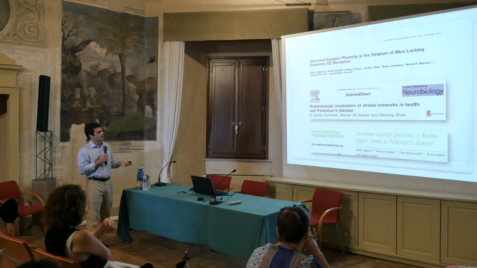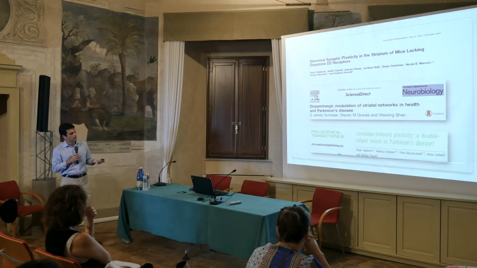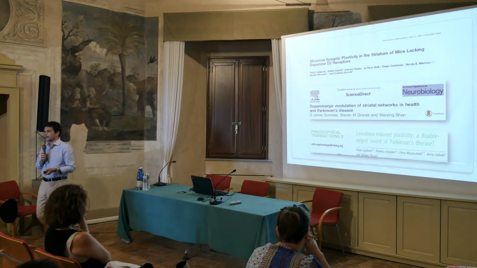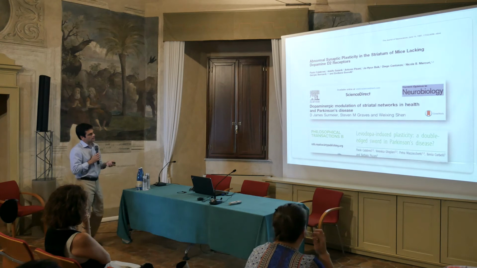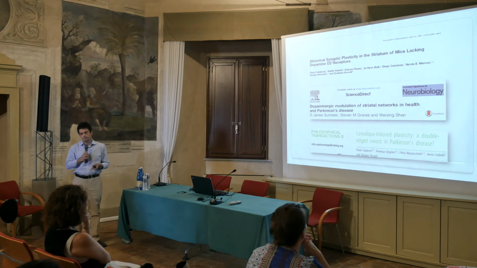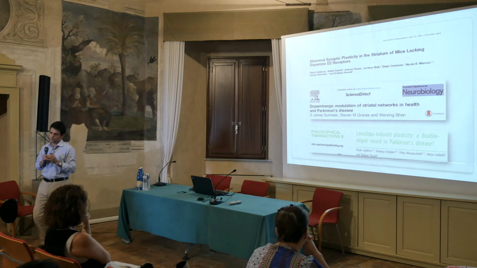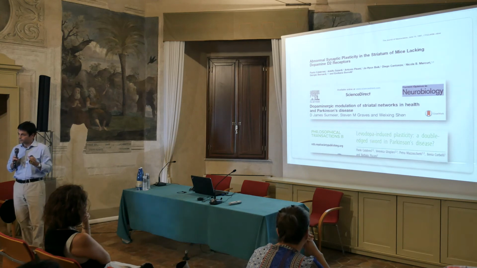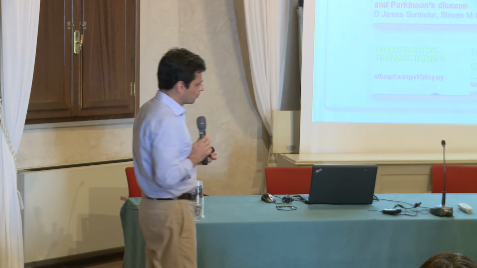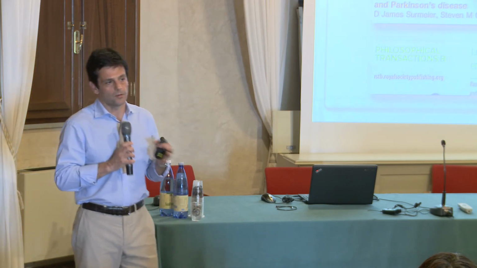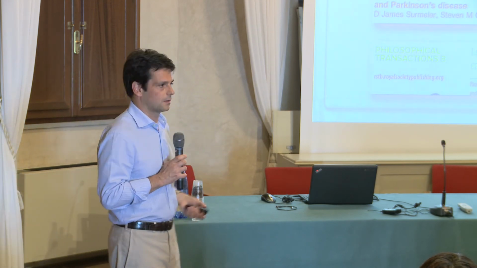But then you have a couple of nice reviews. One is from the group of Jim Surmeier, and the other is from Paolo Calabresi. And these are, as I said, a combination of information that may be, I would say, complete if you are interested in going through this topic.